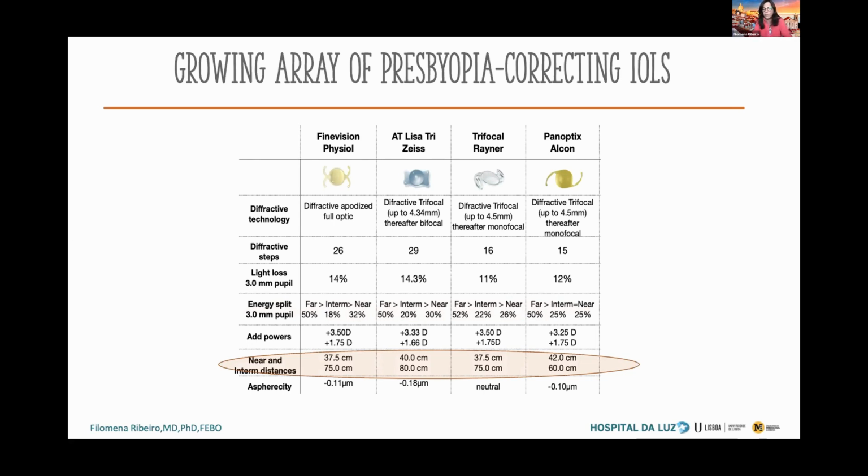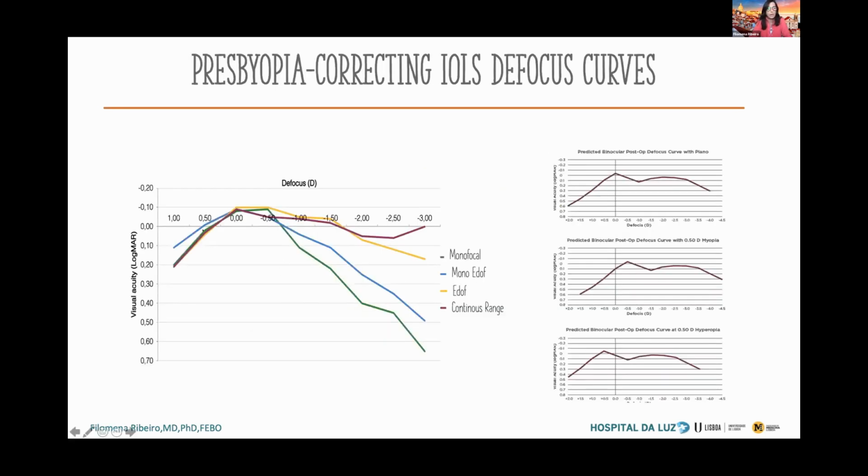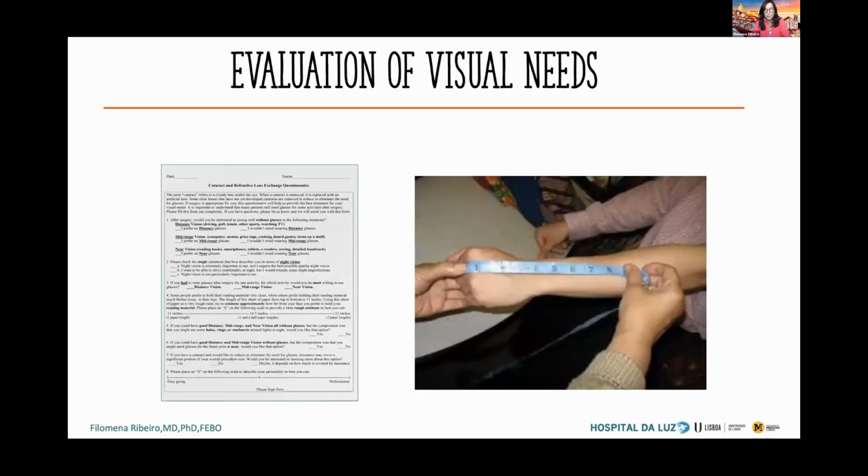So it's a lot of information that we have to process. We understand that there are different defocus curves, but how they fit our patient's daily life is what we need to understand. Because we can even manipulate these defocus curves a little bit with a small offset of the target, but the question is how these fit our patients.